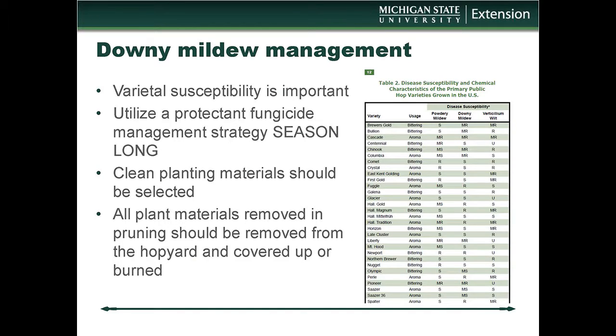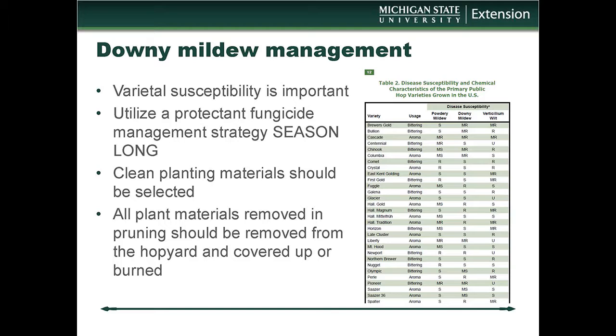So varietal susceptibility is important, and I know we've said this like 15 times today, but I think it is so critical for us in this region. In the Pacific Northwest, downy mildew is not a big issue. Powdery mildew is primarily what they breed for. It's what historically the fungicide programs have been set up around, and so we really need to think about the varieties we plant.